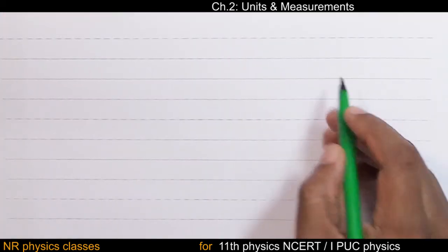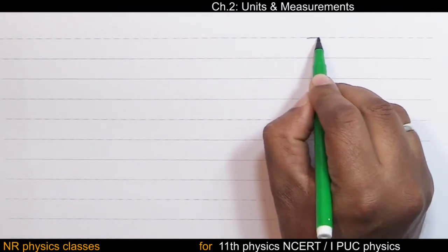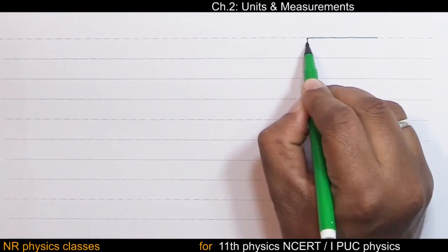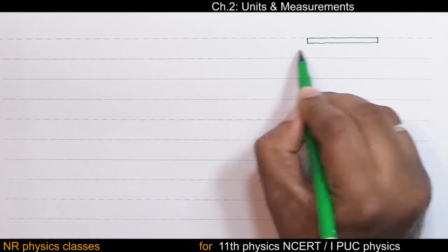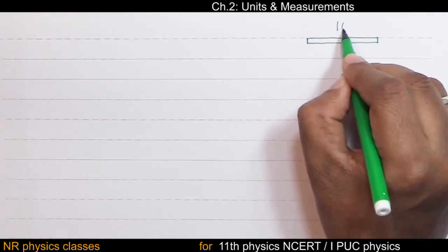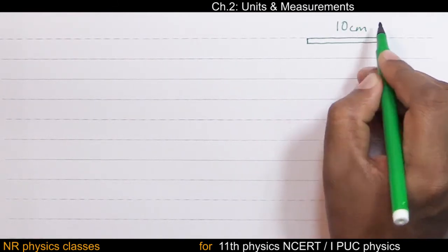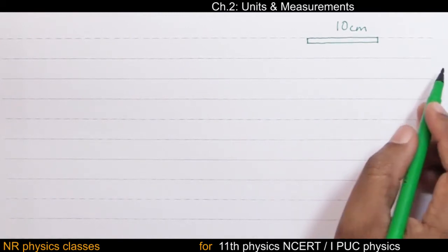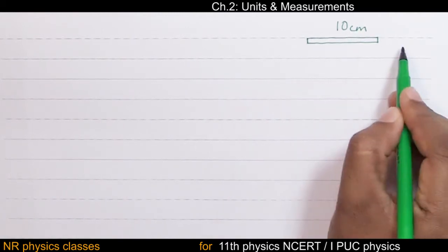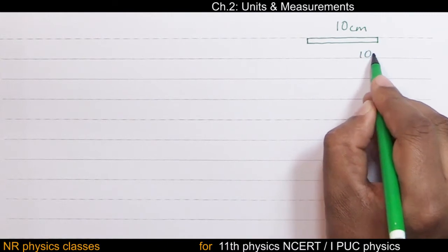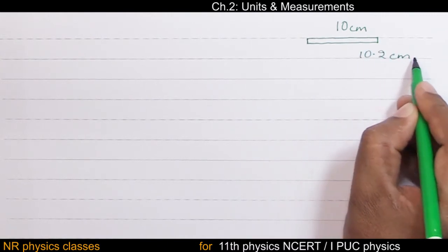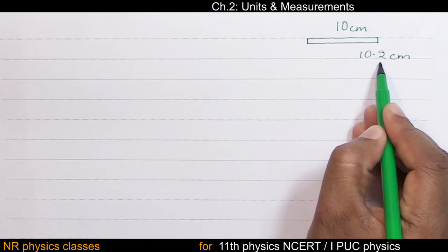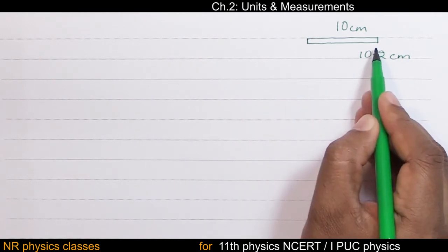Absolute error. This is a rectangle. Length of the rectangle is 10 centimeter. Using some instrument, if you measure length as 10.2 centimeter, then there is error in the measurement of length, isn't it?